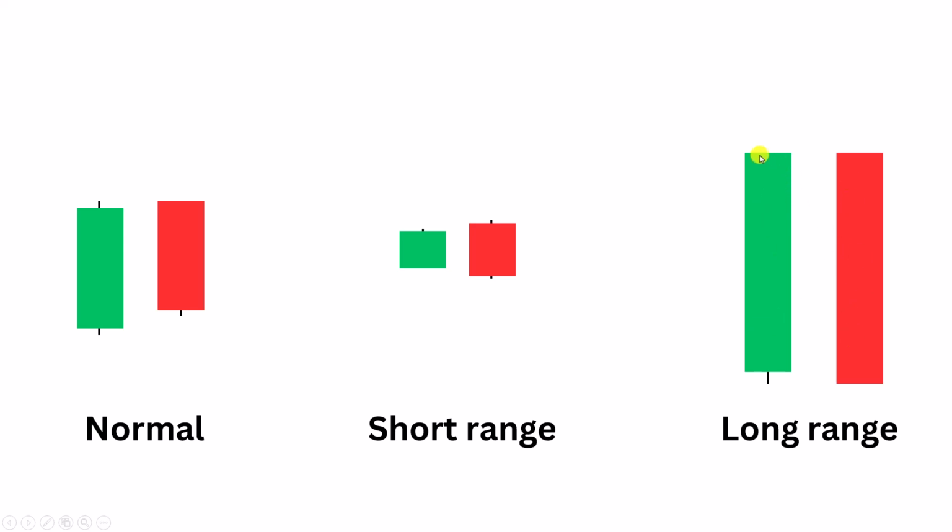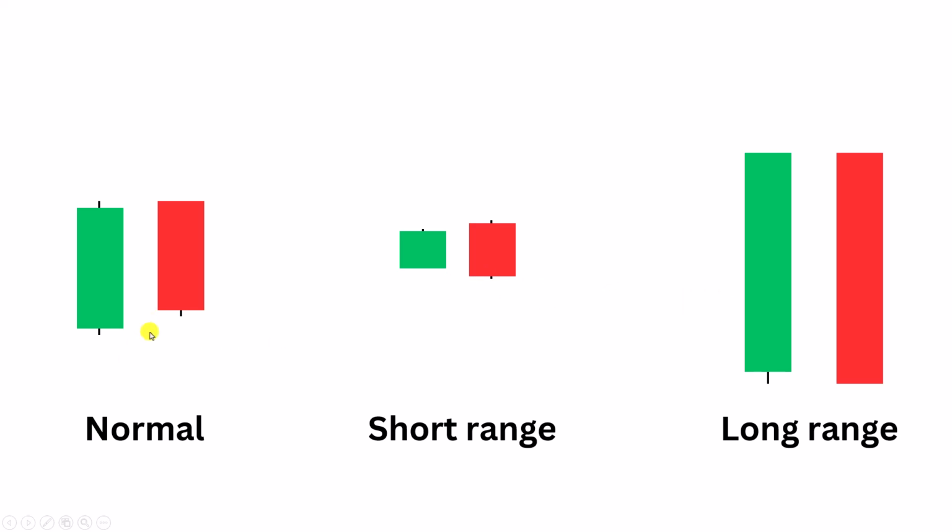The difference between the high and the low of the candles will be very large. The short range candles will be very short. The distance between the high and the low of the candle will be very small. And in between the short range and the long range candles are the normal ones.